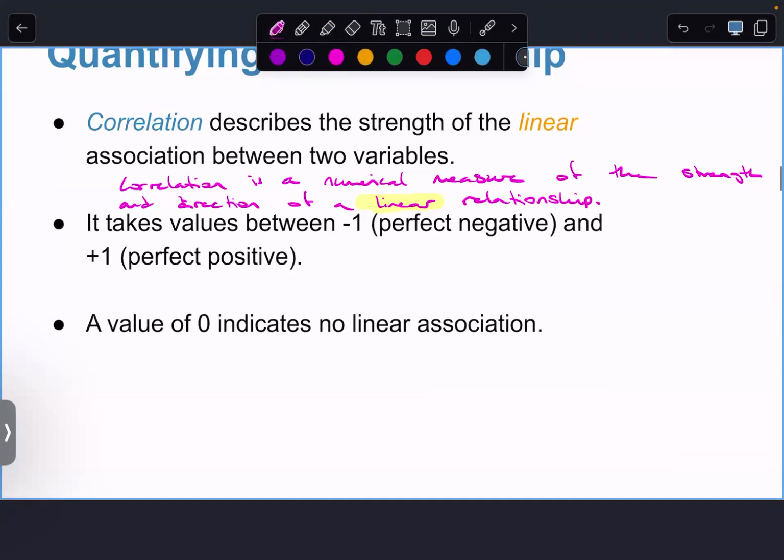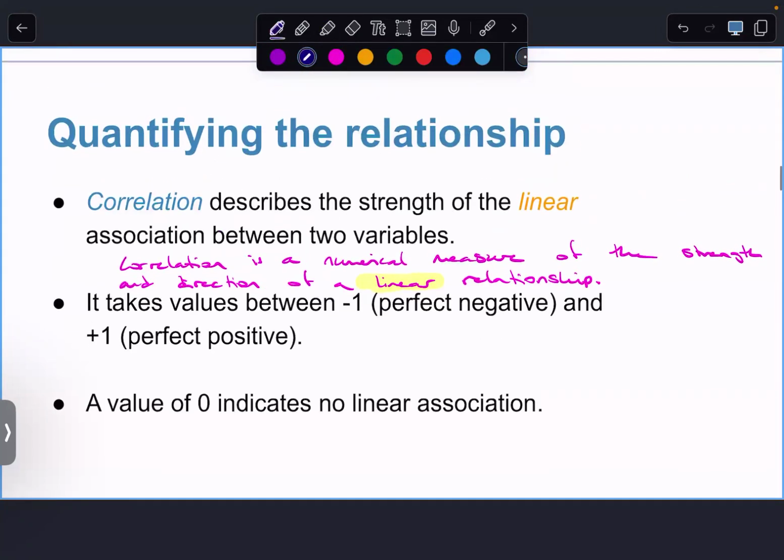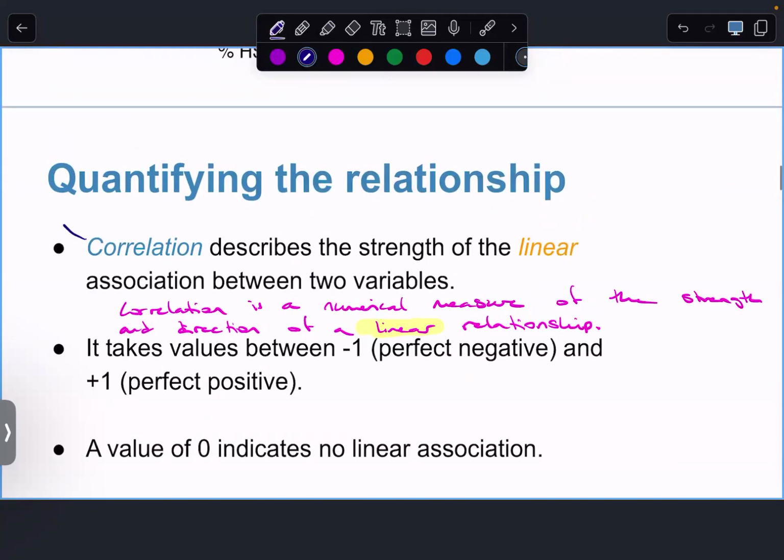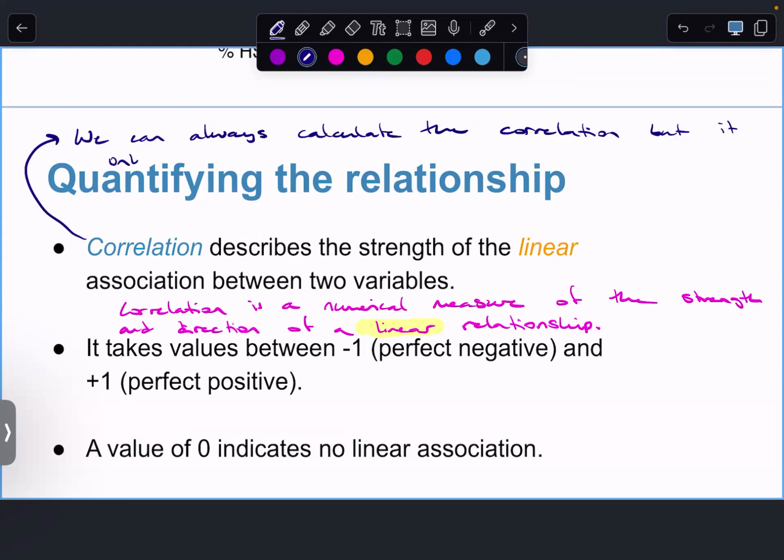We can always calculate the correlation, but it only applies to linear relationships.